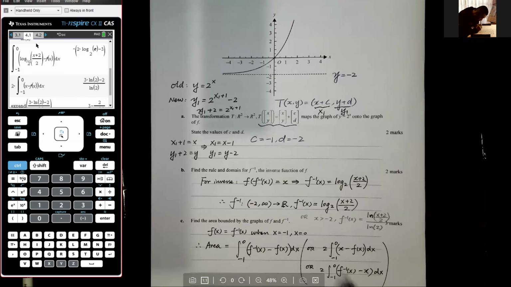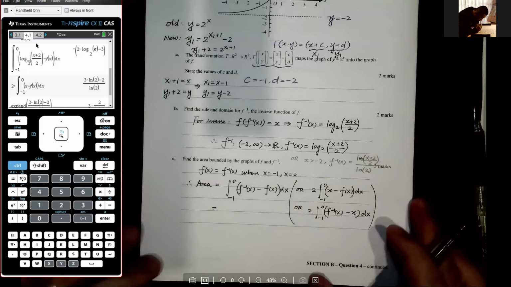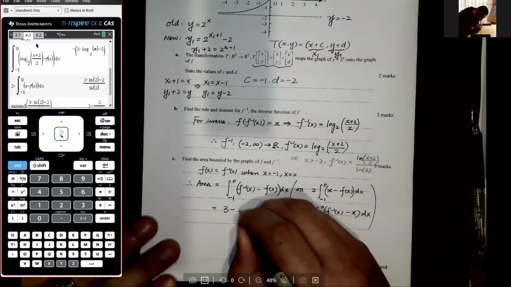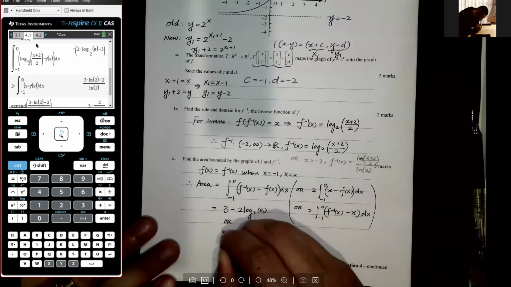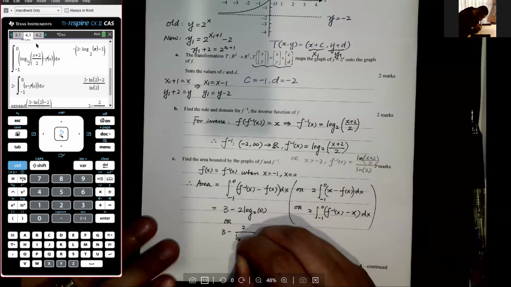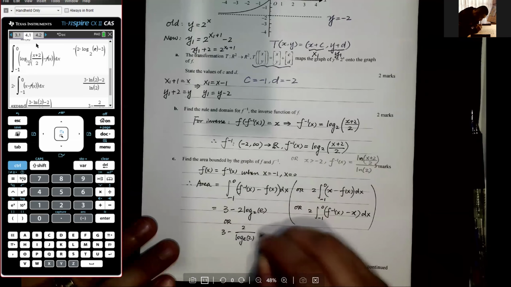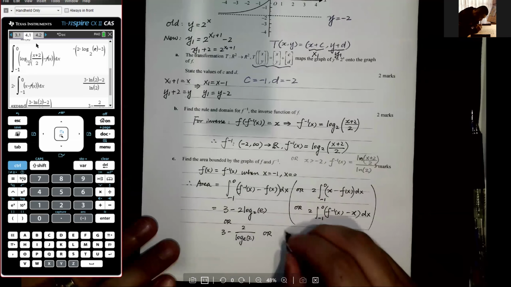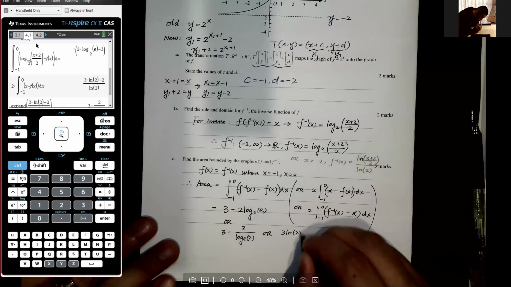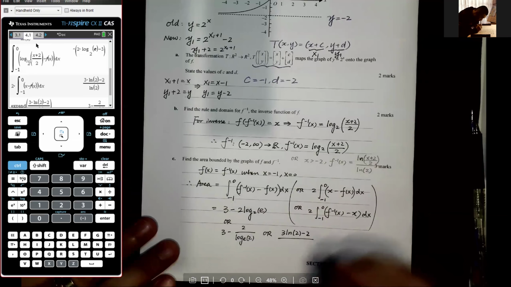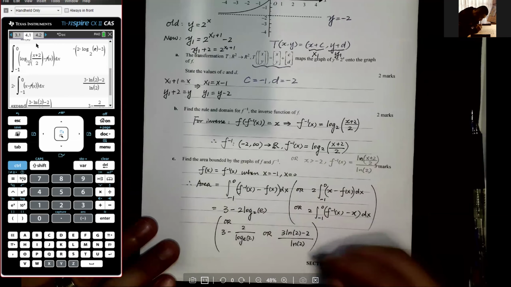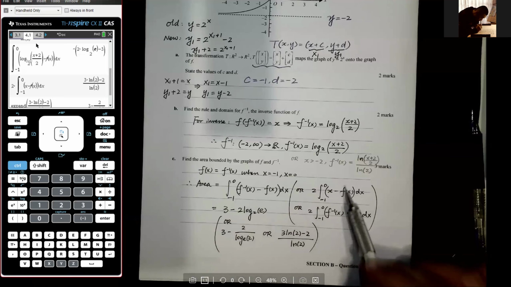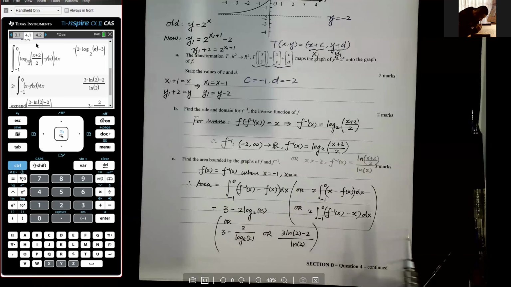I'll just put them here for your future reference, and the answer can be expressed as 3 minus 2 log 2 of e, or 3 take away 2 divided by log e of 2, or some calculator answer, like I need to express that as a natural log, depending on what entry you put, what kind of function you put, okay? So these are equivalent methods or equivalent answers, okay?